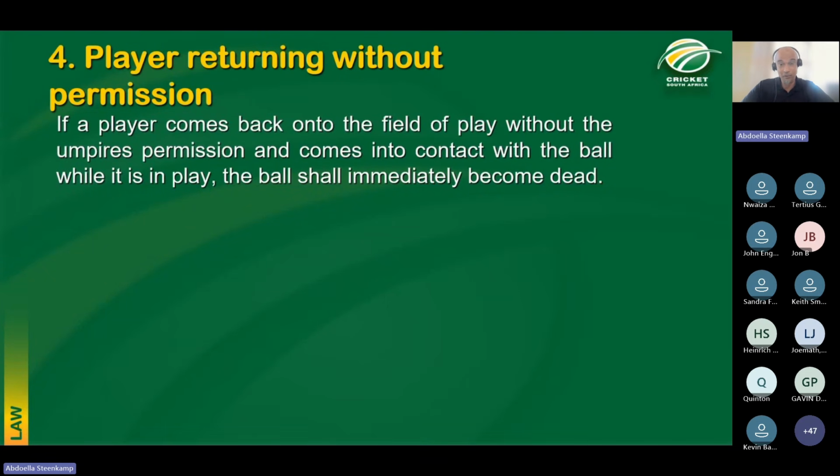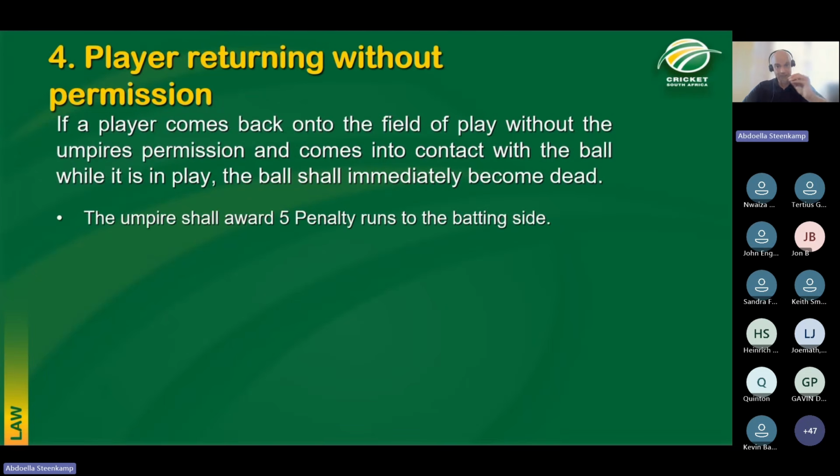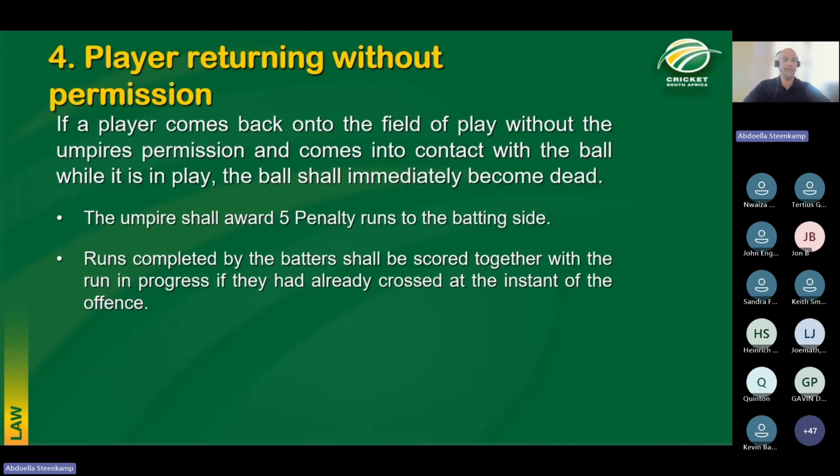So if there is a swap of players at third man and that player didn't inform you, while the ball is still in play and that player touches the ball, the ball immediately becomes dead. 5 penalty runs to the batting side. More punishment. Runs completed by the batters to be scored.